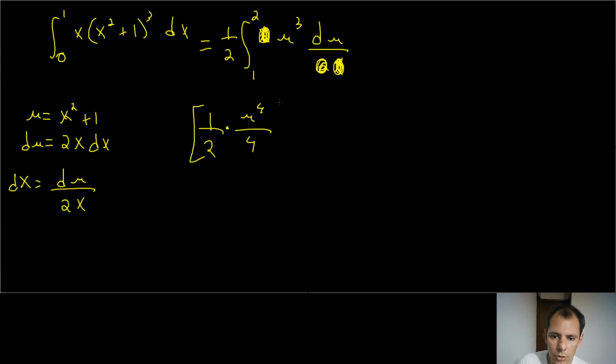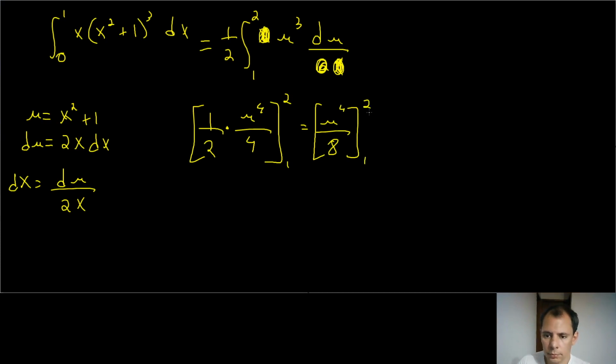With a 1 and a 2, okay, so let's see, it's going to be u to the 4th over 8, and you still have to replace these things, okay, so u is going to be 2, right, so this thing is going to be equal to 2 to the 4th, that's 16.